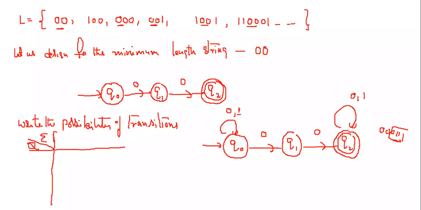Here I am taking the states: Q0, Q1 and Q2. Q2 is your final state and Q0 is your initial state. The input symbols are 0 and 1. What is happening on taking 0 on Q0? On taking 0 on Q0, you will be on Q0, or sometimes you may go to Q1 also.